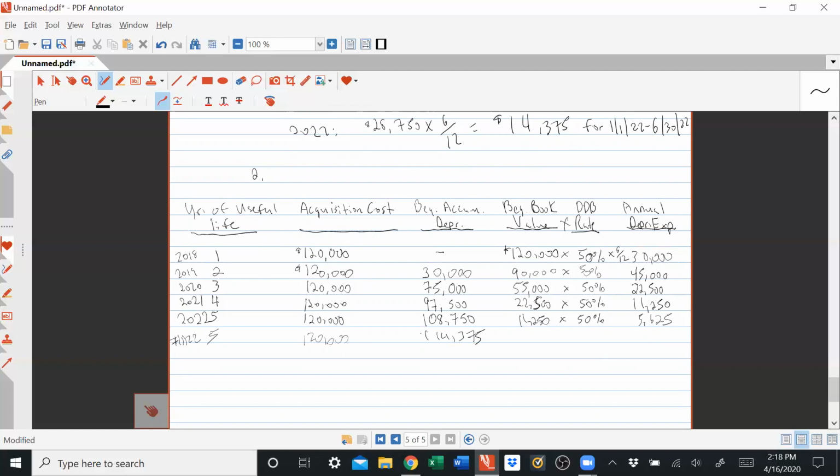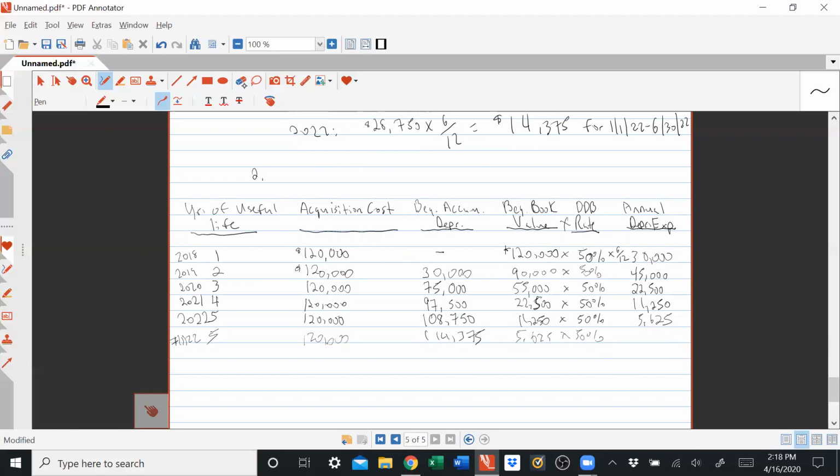And so book value would still be slightly bigger than salvage value, right? It would be 5,625, still slightly bigger than salvage. It's still bigger than 5,000. So we could still depreciate. We wouldn't depreciate it the entire 50% though, because that would take our book value to be lower than salvage value.